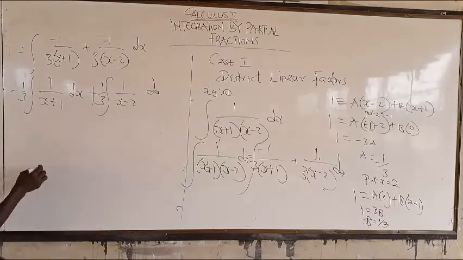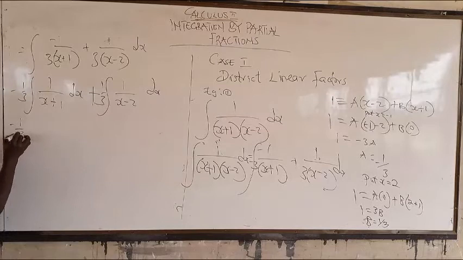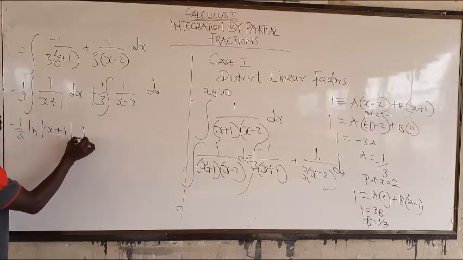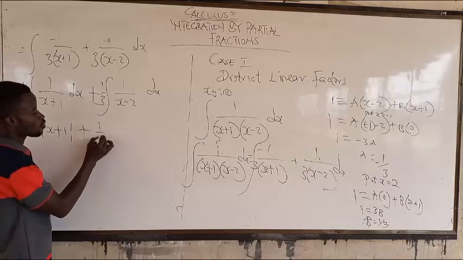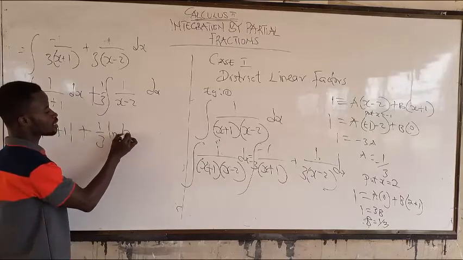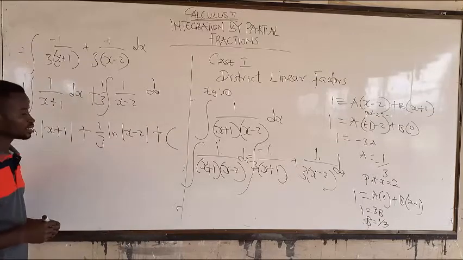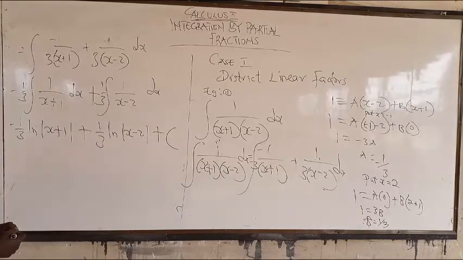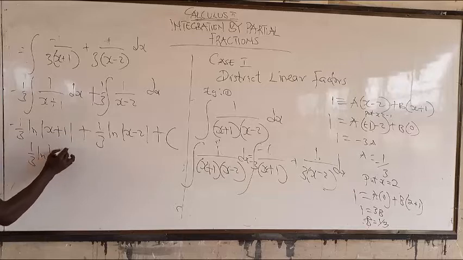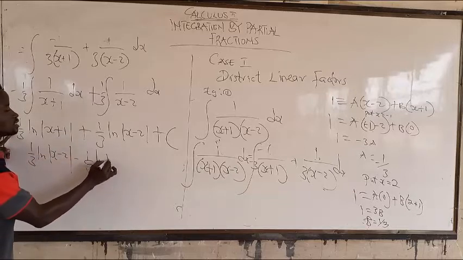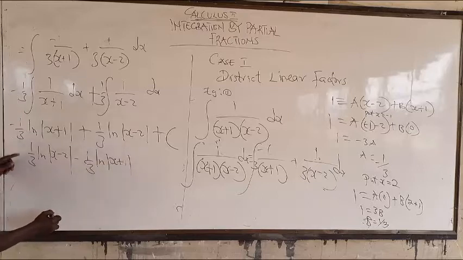And when you integrate this, you get negative 1 over 3 ln of s plus 1, plus 1 over 3 ln of s minus 2, plus c. Alright. And having this, you can rewrite this as 1 over 3 ln of s minus 2, minus 1 over 3 ln of s plus 1.